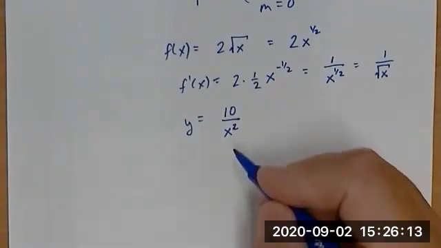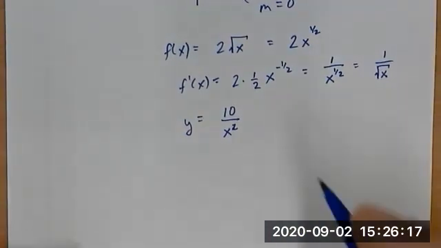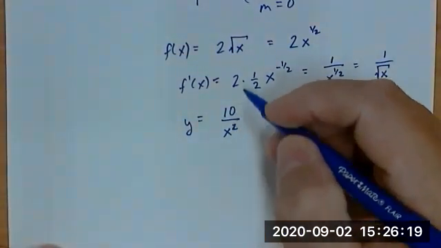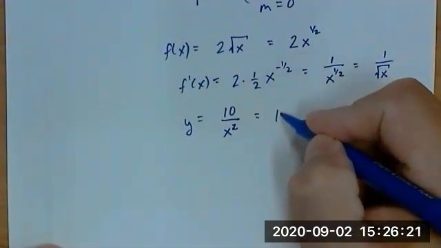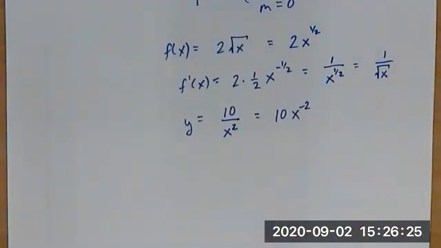Now, if you recall, when you have your variable in the denominator and you want to get it to the top, what you can do is you can change the sign of the exponent, right? Once I do this, hopefully you'll remember this rule, right? Anytime you change the sign of the exponent, you can go from bottom to top or top to bottom.